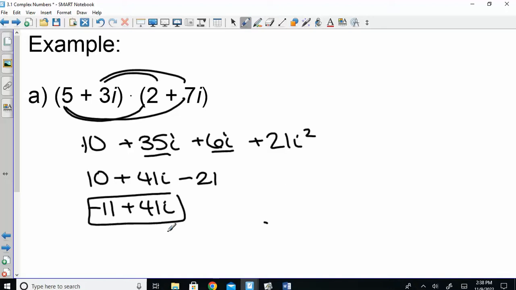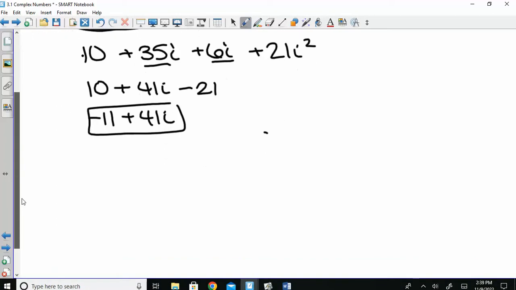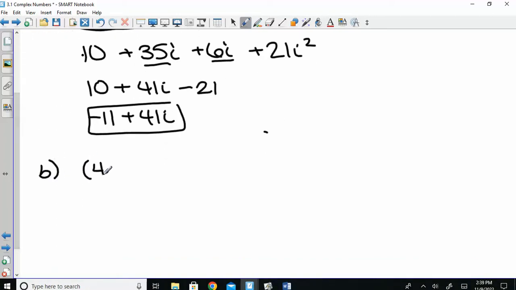All right, so just make sure you change out that i squared for a negative 1 when it appears. What if I gave you 4 plus 3i squared?